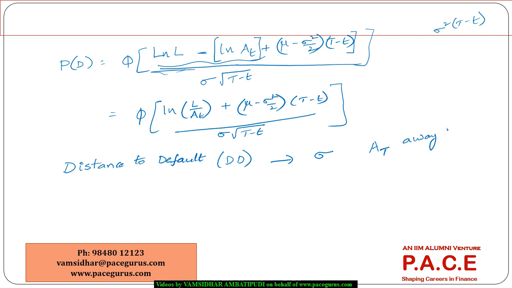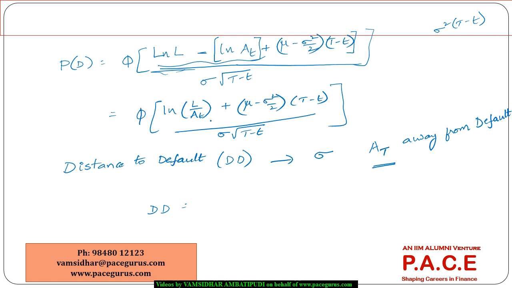How many standard deviations is the value of the asset at time T away from default? The higher the value, the lower the chance of default; the lower it is, the more the chance of default.